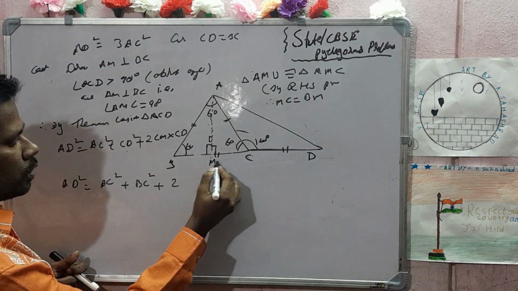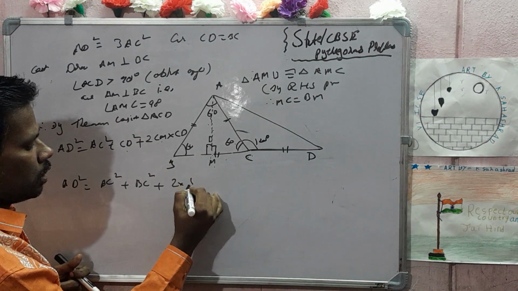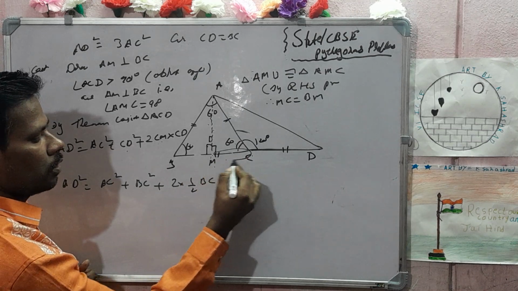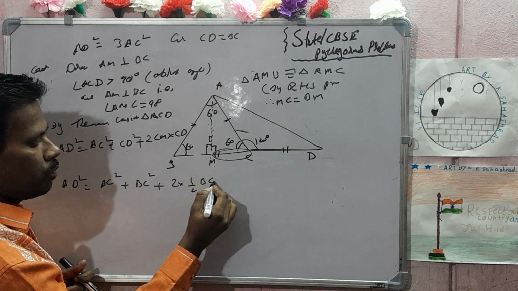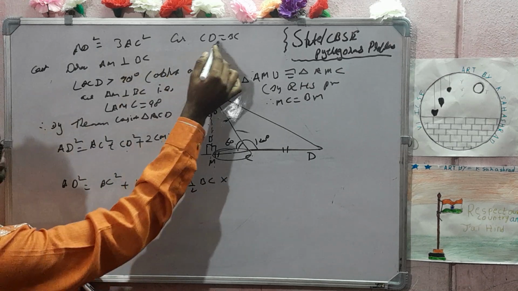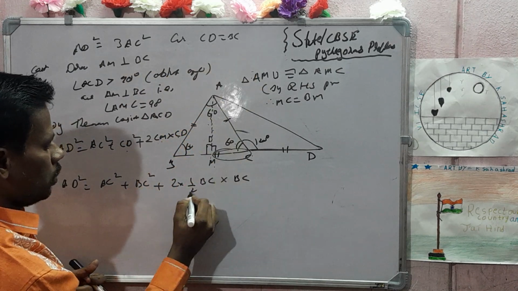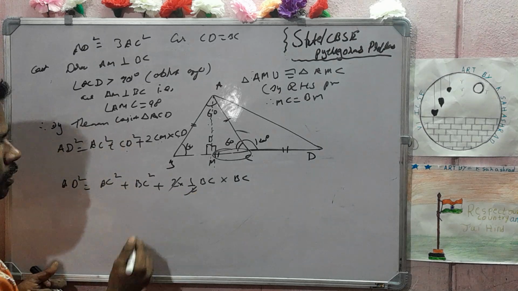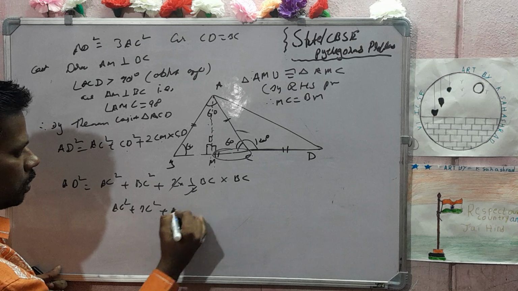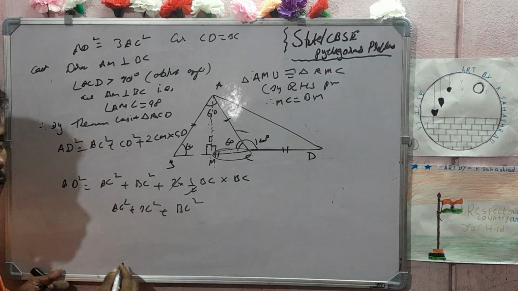So this CM length, how will you get? This is nothing but half of BC. CM length is nothing but half of BC into CD already given, no? CD, what is CD? BC. So 2 gets cancelled. So AC square plus BC square plus BC square.